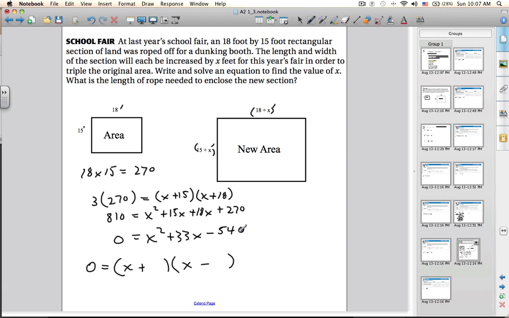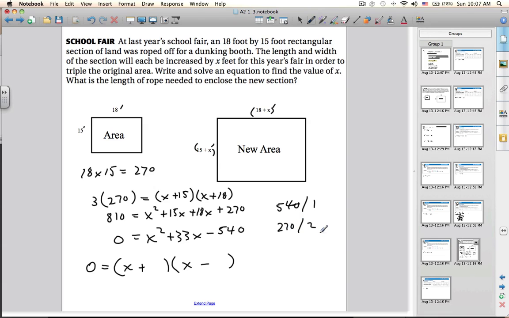And now I'm going to look for the factors of 540 that will have a difference of 33, and I know that I need to make the bigger one positive. That will allow me to end up with a plus 33. So when you look at the factors of 540, we have 540 and 1. Those don't have a difference of 33. I have 270 and 2.